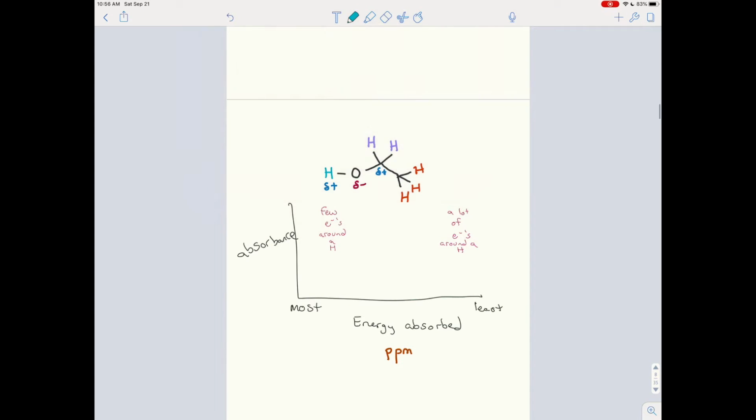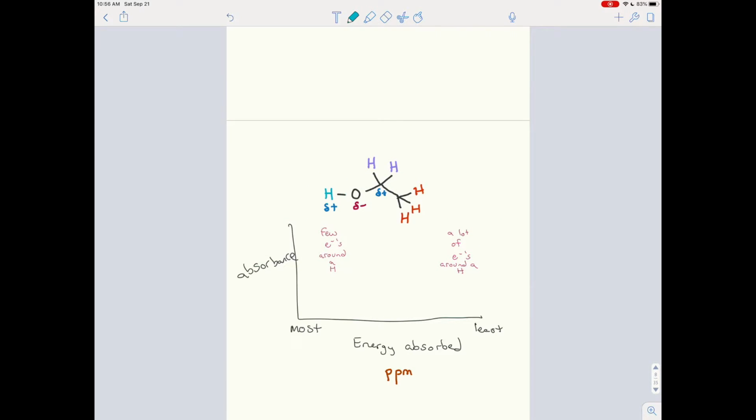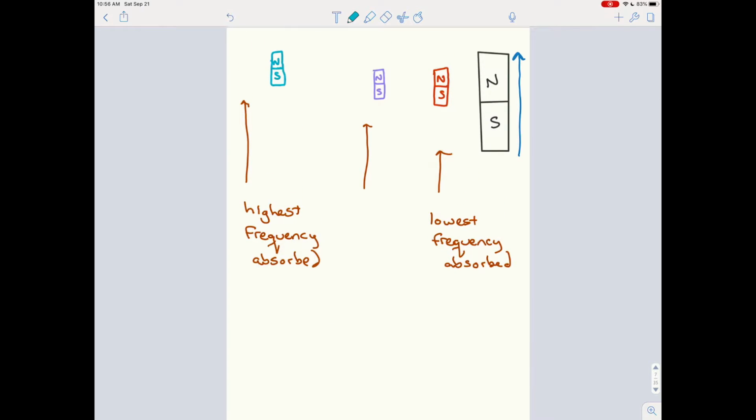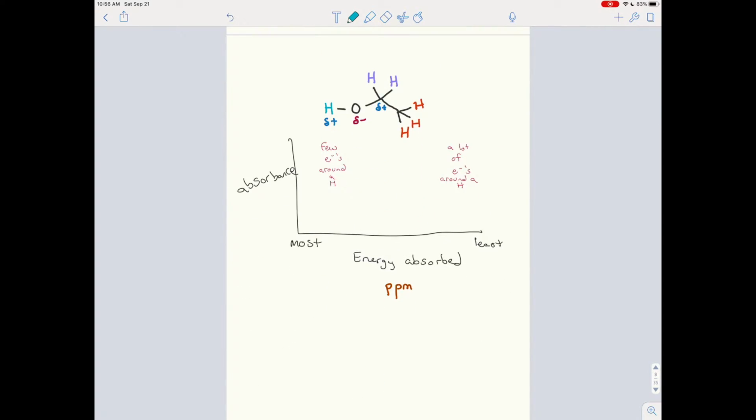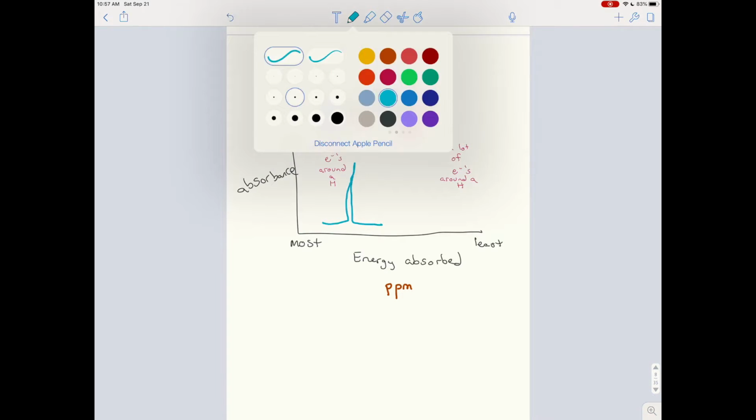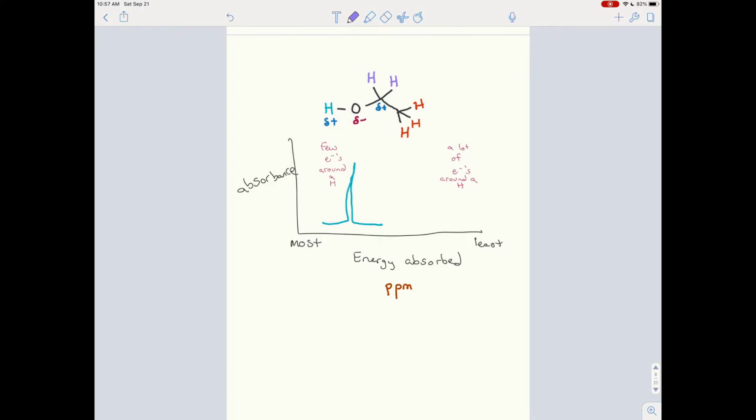And so because this blue hydrogen had the fewest electrons around it, it feels the strongest magnetic field and takes the most energy to flip it. And so it's going to be furthest to the right on the spectrum. And then because the purple hydrogens had slightly more electrons, they're next.